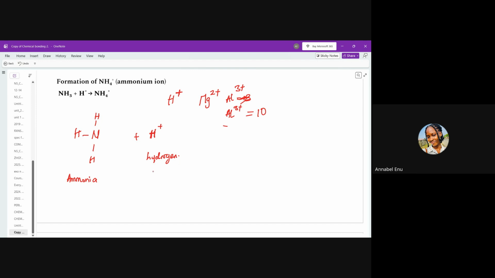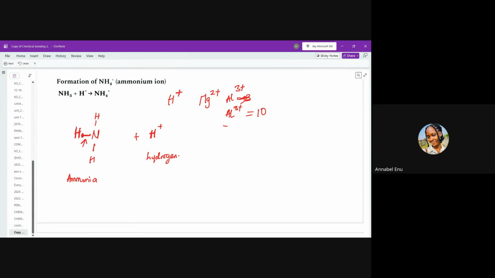Now ammonia here, the hydrogen is bonded to nitrogen, and each bond, each of these lines, is a bond that has 2 electrons forming it. These 2 electrons are what make hydrogen stable.